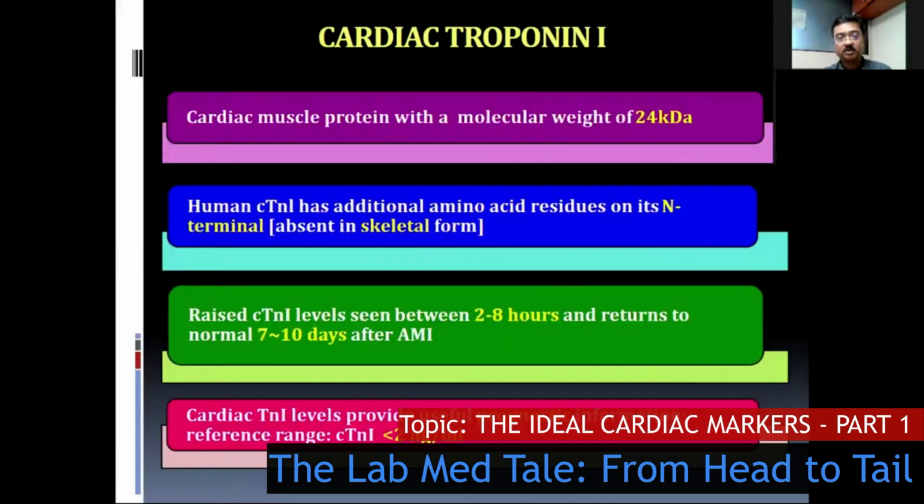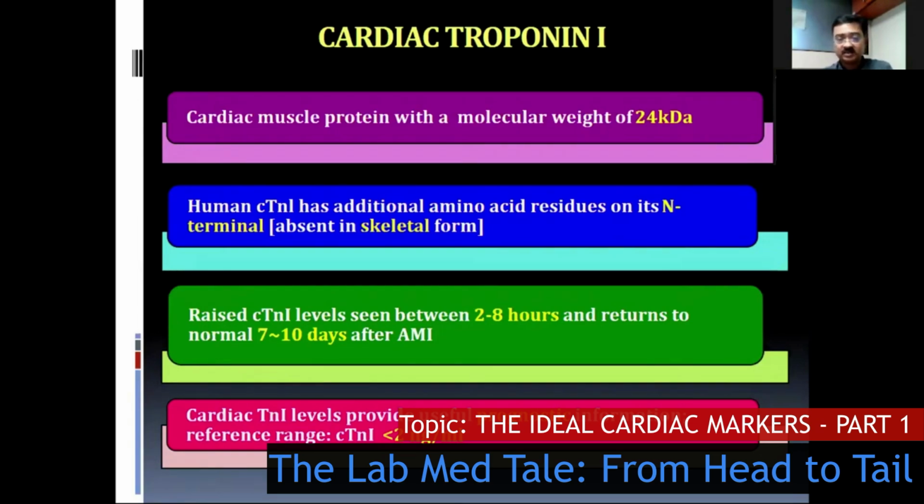Now, if we talk about cardiac troponin I, this is the champion now. Every cardiac diagnosis now is on the basis of these two, cardiac troponin T and cardiac troponin I. Previously also, troponin I was there, but it was never considered a very ideal marker.